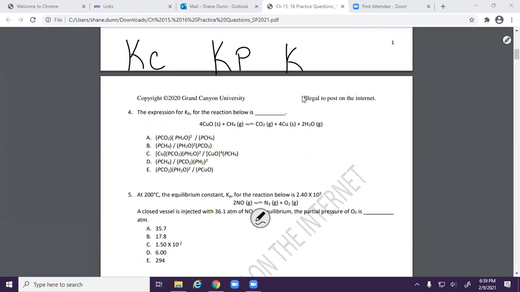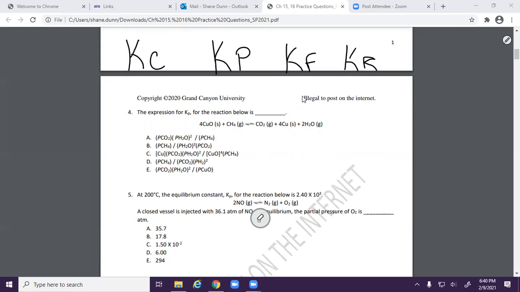See a K with an F. That's the rate constant for the forward reaction. Kr is the constant of the reverse reaction. You notice they're all big K. They're all just K values. We just put a subscript telling you what they mean, right? They're still going to be products over reactants. That makes sense.